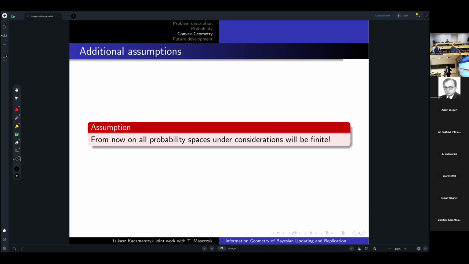Because we want to use tools from Riemannian geometry, we need not some combinatorial topology, but the topology on simplices and convex sets that is inherited from Euclidean spaces. That's why from now on we will restrict to finite probability spaces.